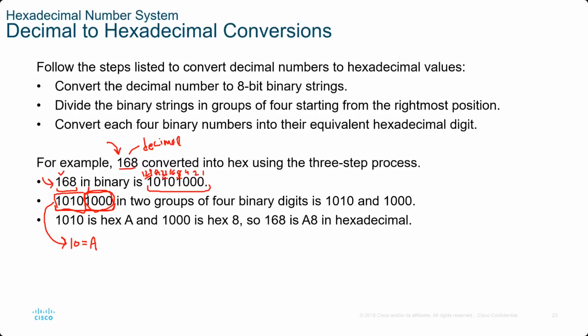What is the position of this? It is 8. Everything else is 0, so it should be 8. So 168 in hexadecimal should be A8. This is how to do a conversion. So you first convert decimal to binary, and then convert binary into hexadecimal.